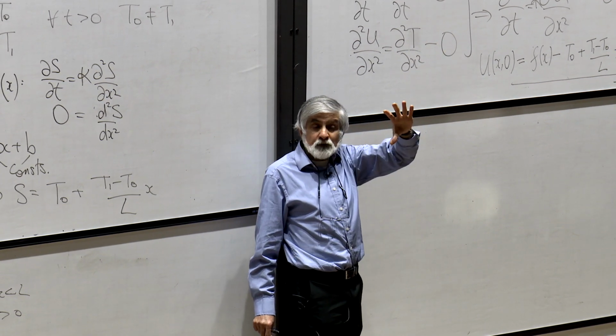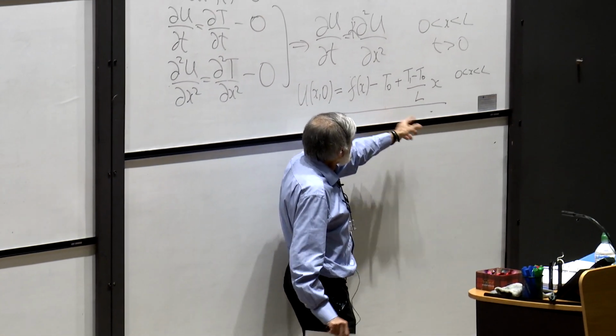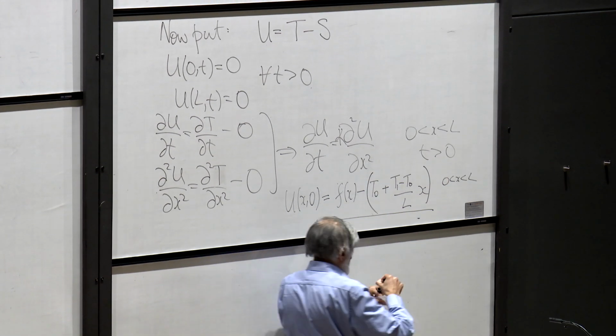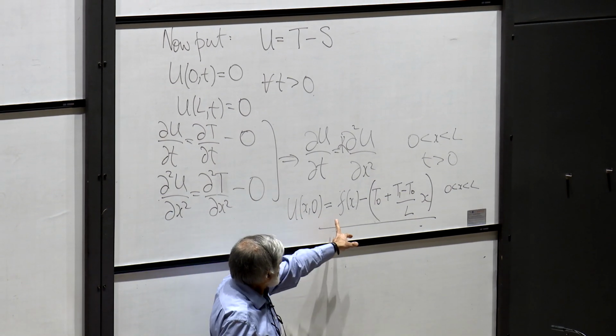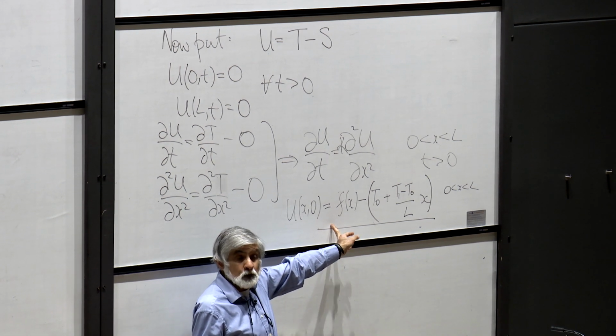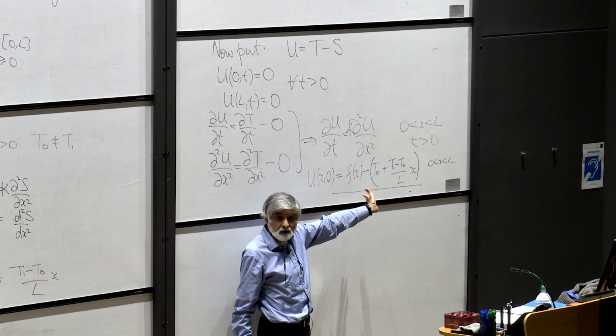How do we find the coefficient of the Fourier sine series? We now have to take the Fourier sine series of this. So we've just changed the initial condition. Okay.